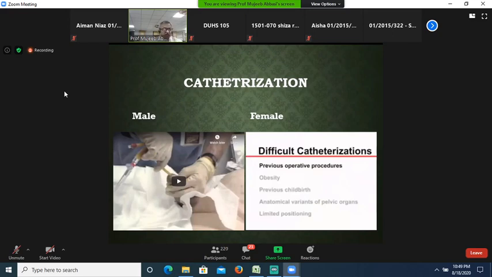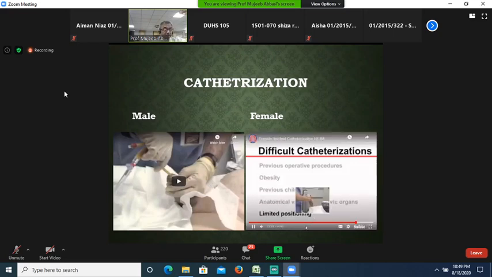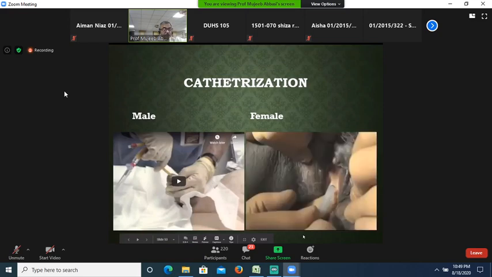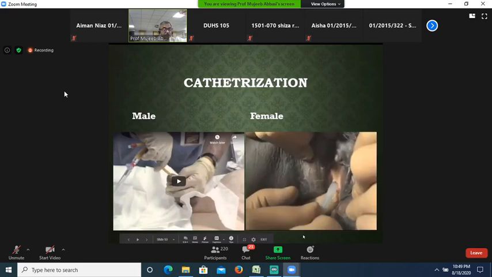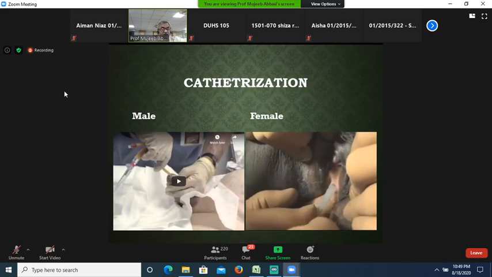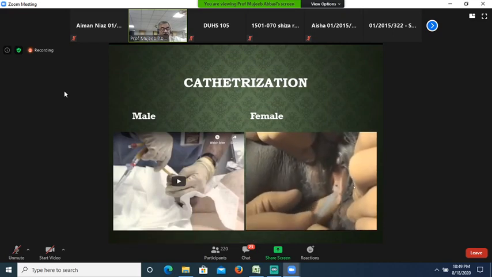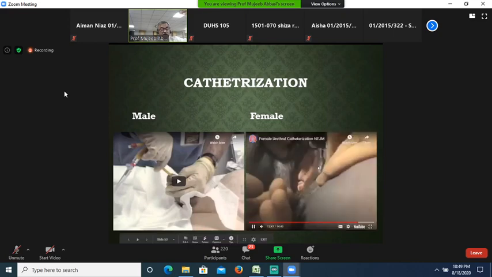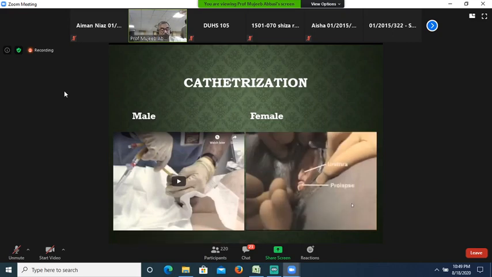These are the difficulties we encounter in catheterization. If you can't pass, then in a female it could be that the pelvic organs are prolapsed. That's why you can't push it.